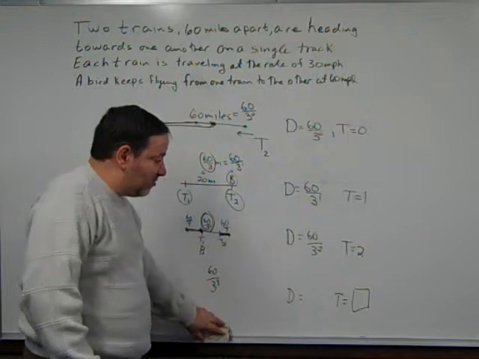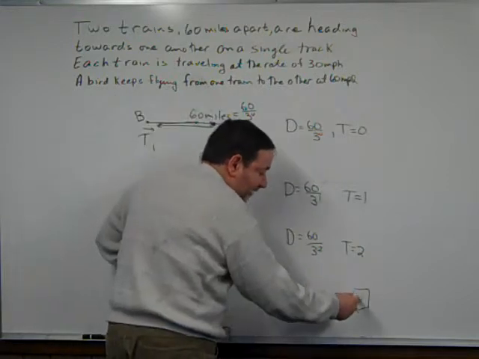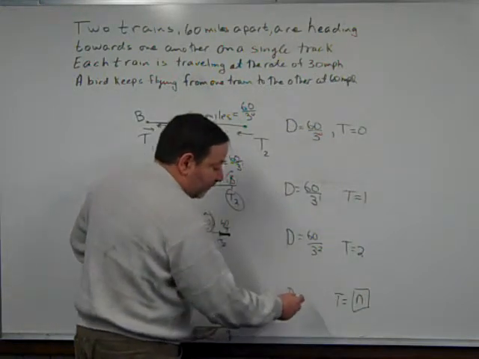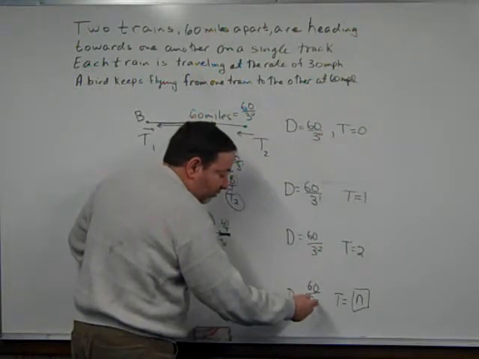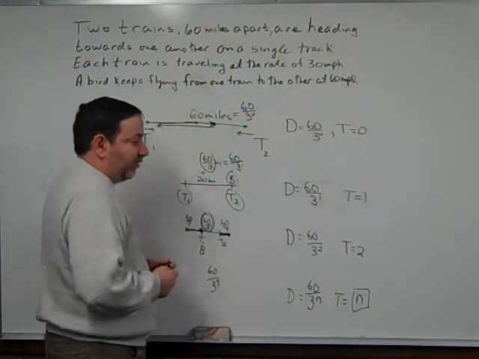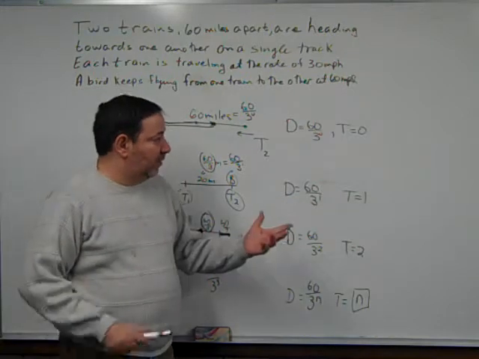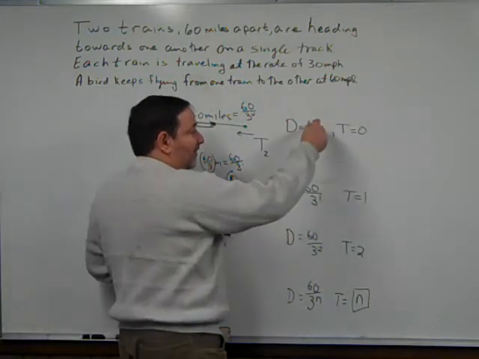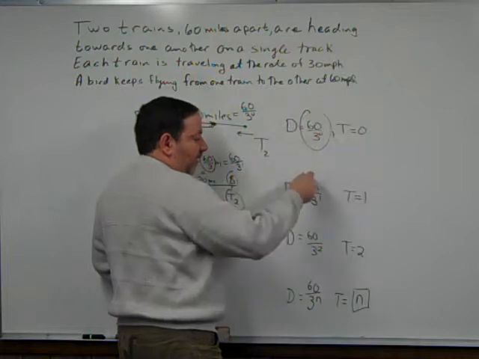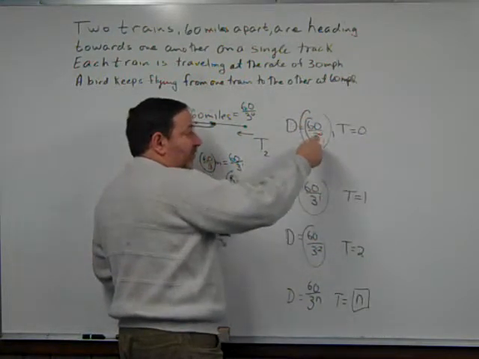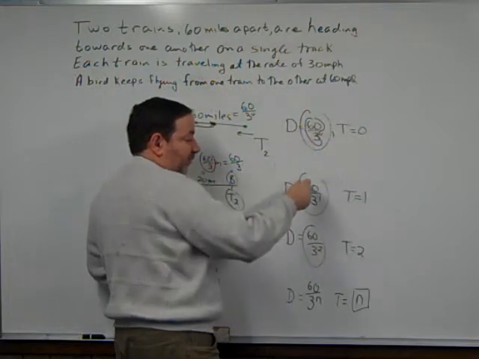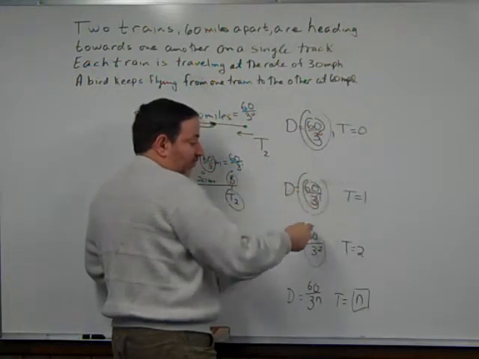Now, in general, after the nth trip, the distance between the two trains is 60 over 3 to the n. And what I notice is, what do all of these have in common? The answer is, they all have 60 over 3.